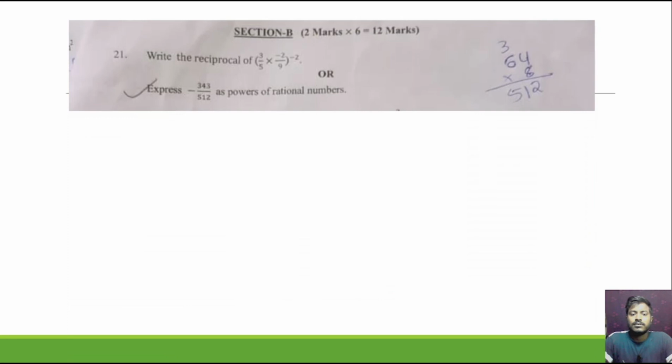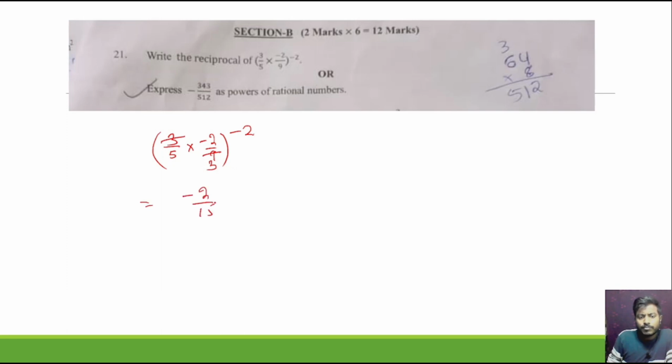Write the reciprocal of this. Okay. First we solve it, that is 3 by 5 into minus 2 by 9 to the power minus 2. Now cancel 3 threes, so here it equals minus 2 divided by 15 to the power minus 2. Now you can write minus 15 by 2 to the power plus 2.